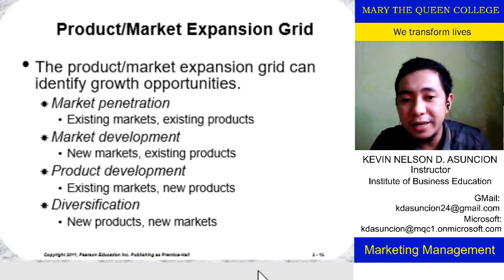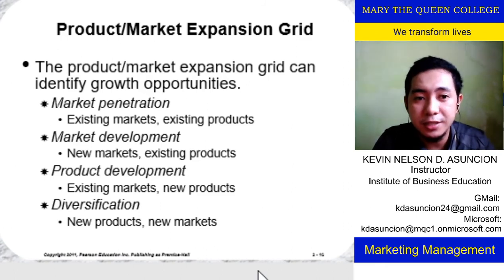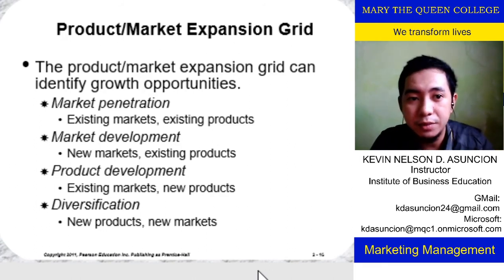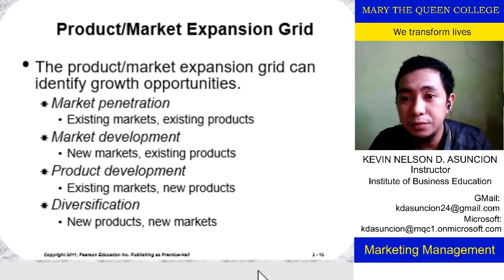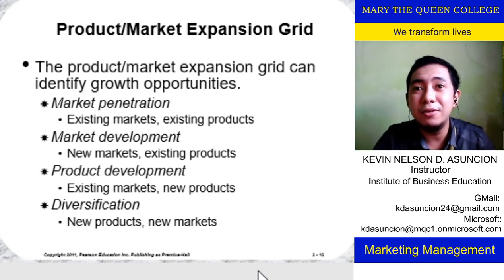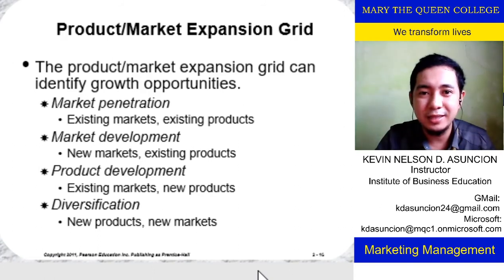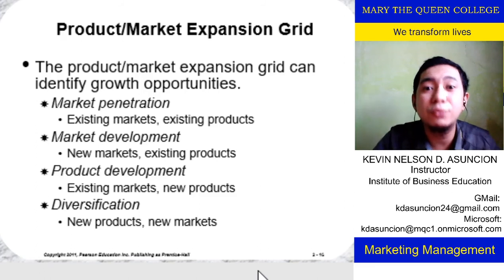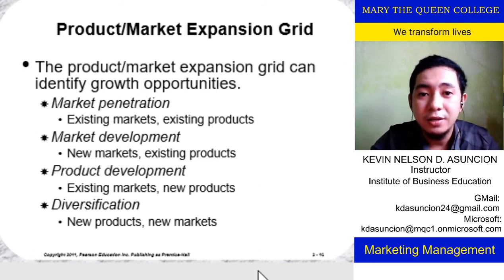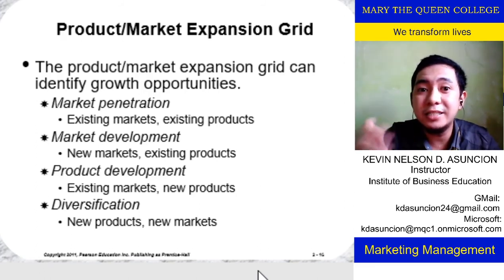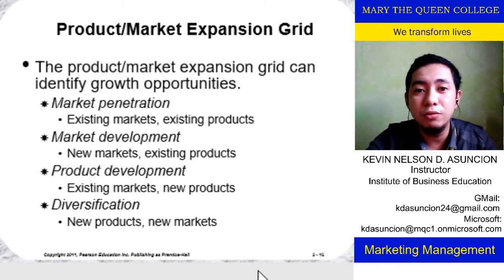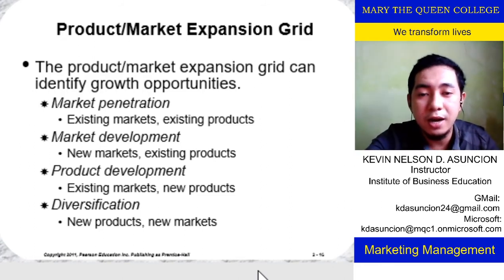When there are existing products and existing markets, kailangan suyurin mo siya. That's market penetration. So, paano mo siya masusuyod? You need to determine who are your markets and pasukan mo sila. Create strategies that will lead into nearly even personal communication with people.